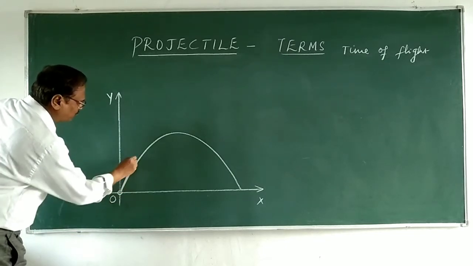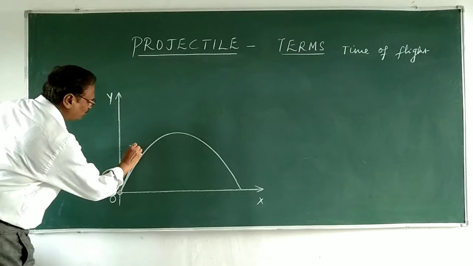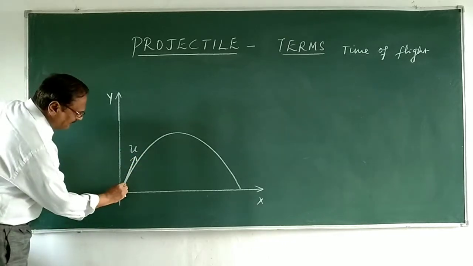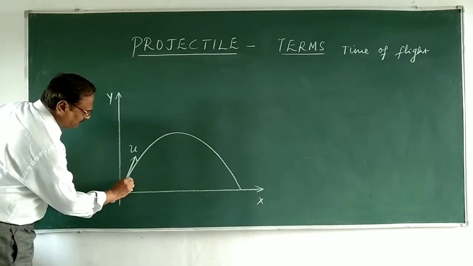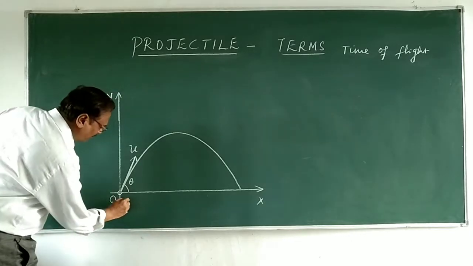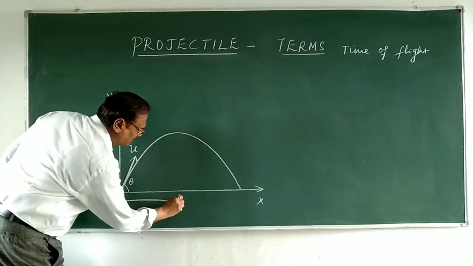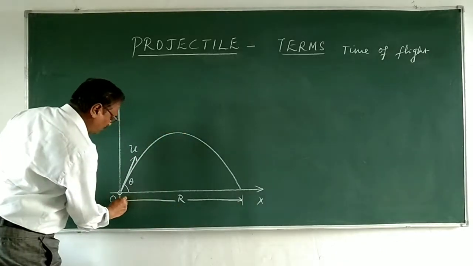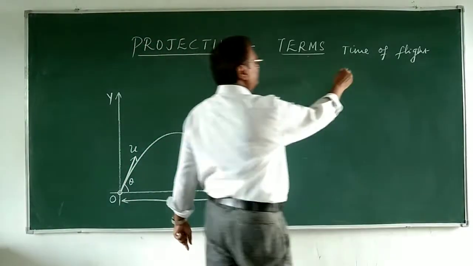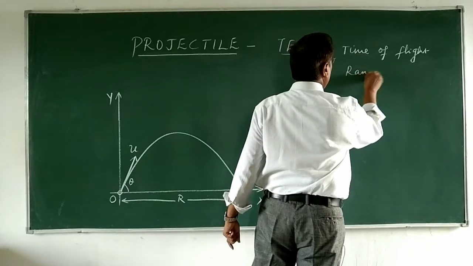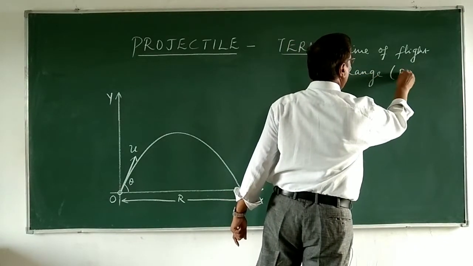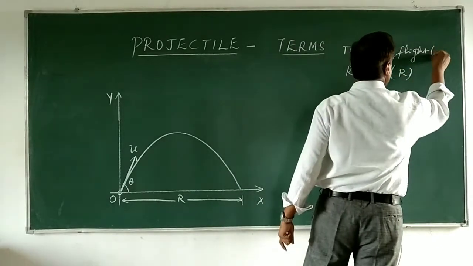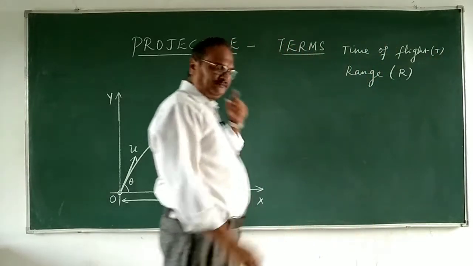the velocity with which I project is u, and the angle it subtends is angle theta, and from the origin the horizontal distance travelled is called range. So the next factor which we are going to talk about is range. Range is the horizontal distance covered by the projectile.